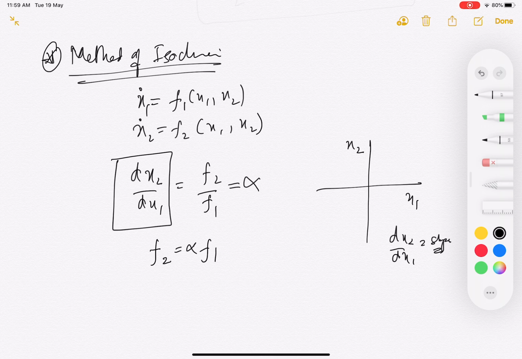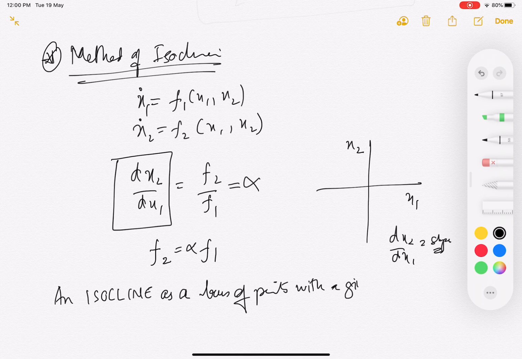Now this is how we use to sketch the phase portrait. We define an isocline as a locus of points with a given slope, right?